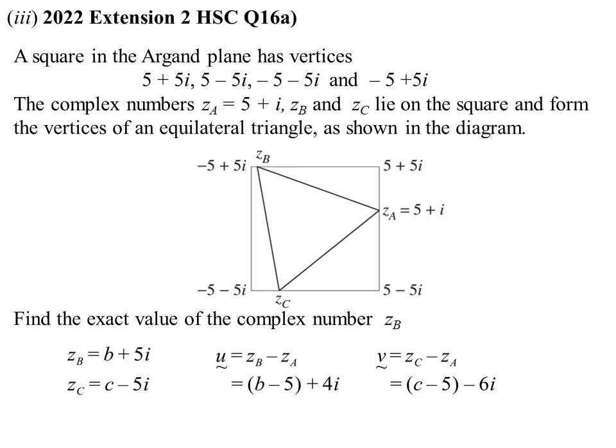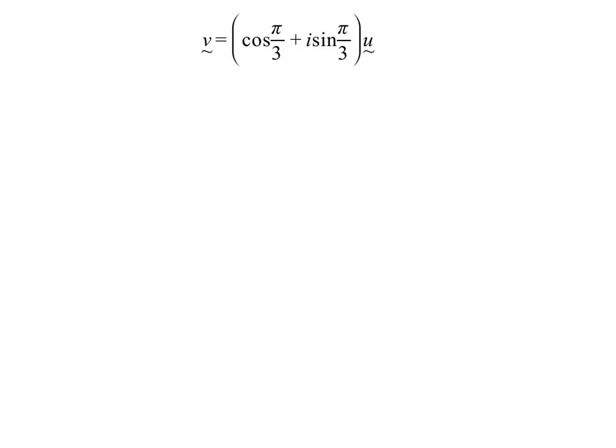That'll be C minus 5 minus 6i. Okay. But V is a rotation, it's an equilateral triangle, of 60 degrees, or in radians, pi on 3. So therefore V must be the cos of pi on 3 plus i sine pi on 3 times the vector U.